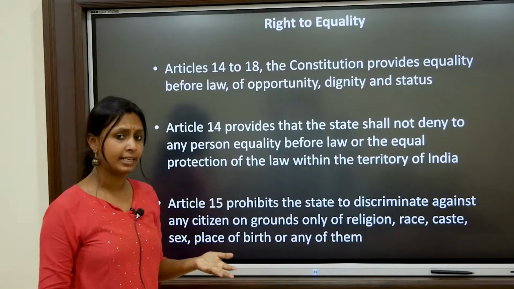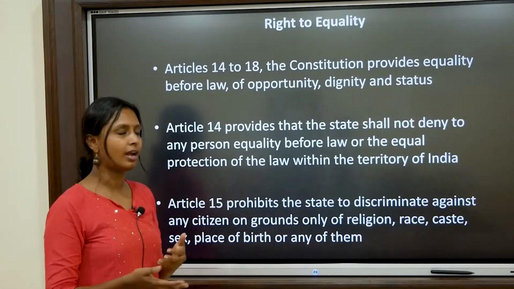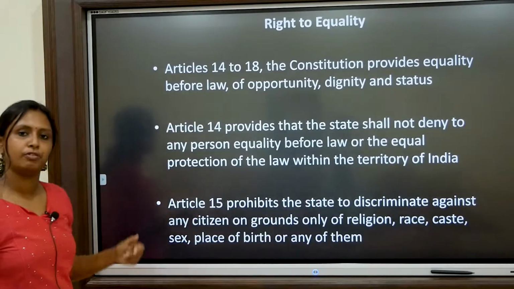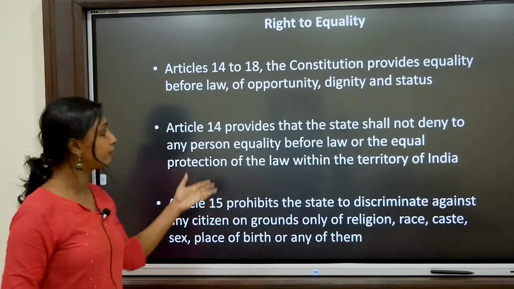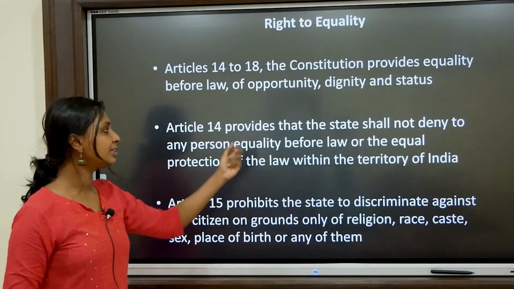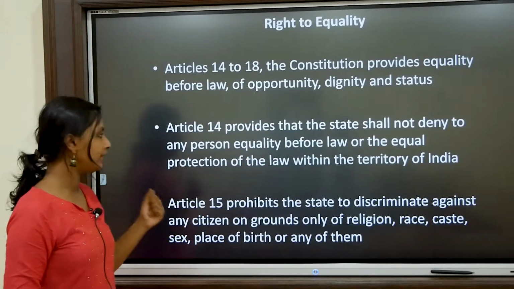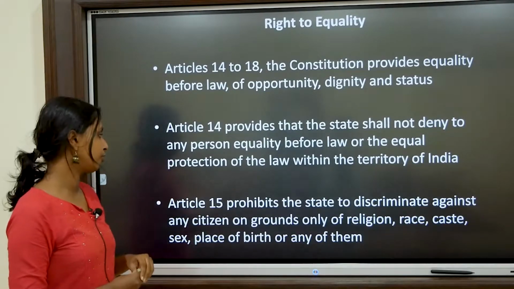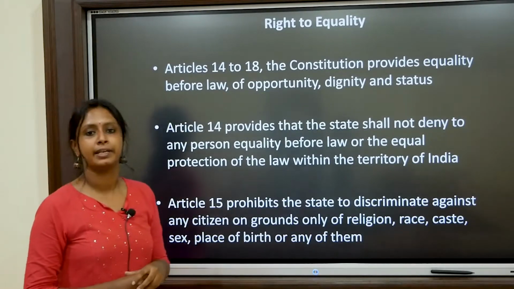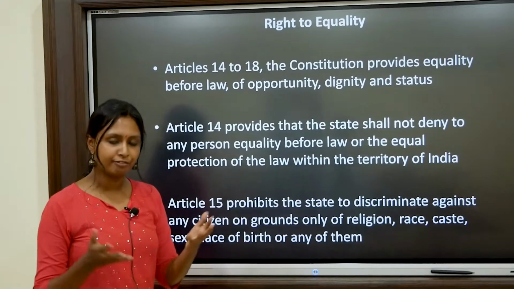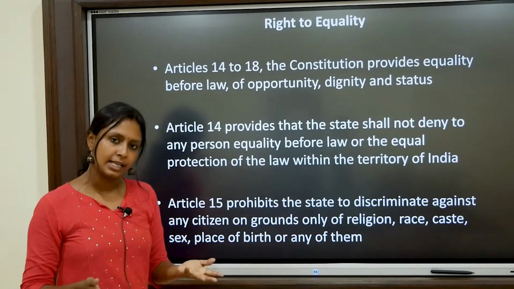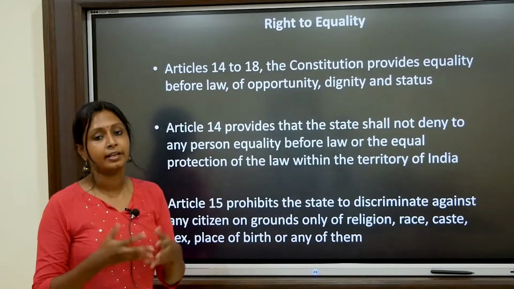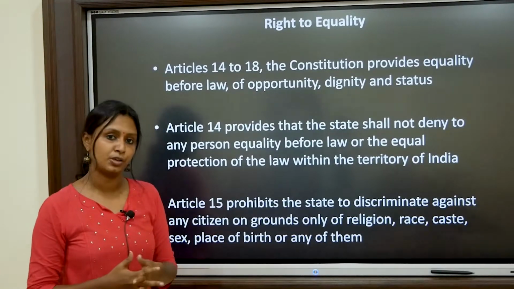And specifically, we can discuss the different articles. That is Article 14. What is Article 14? Article 14 provides that the state shall not deny to any person equality before law or equal protection of law within the territory of India. That is, every citizen in India is equal before law and eligible for equal protection of law.